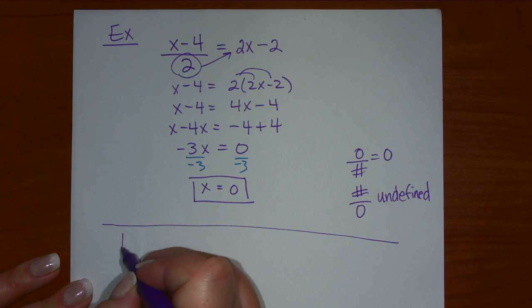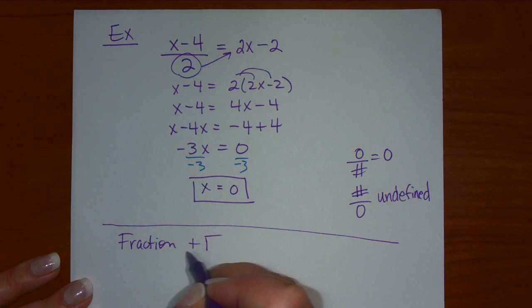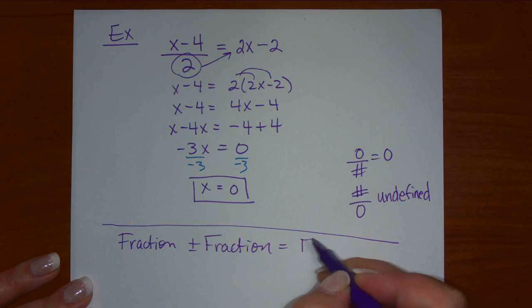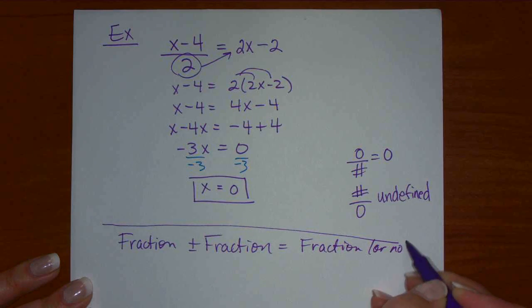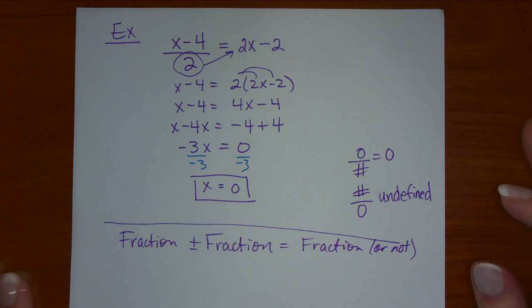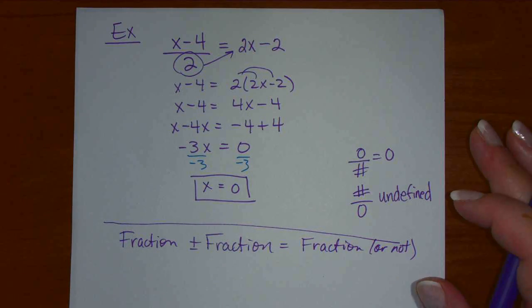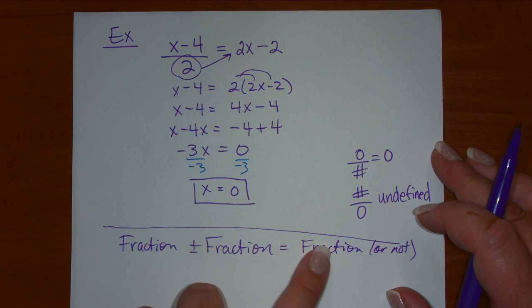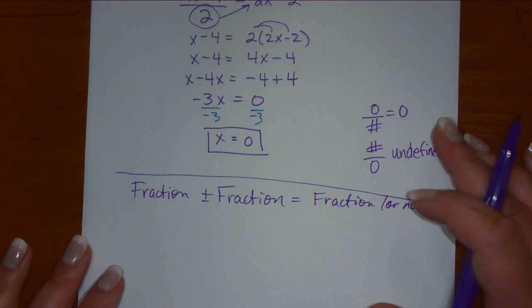Okay, the next type, fraction plus or minus a fraction equals a fraction or not. So that's saying there's maybe 3 fractions in the question, but 2 at the minimum. So there's 2 fractions either added or subtracted, and then a third fraction, or it could be a number or just a term.